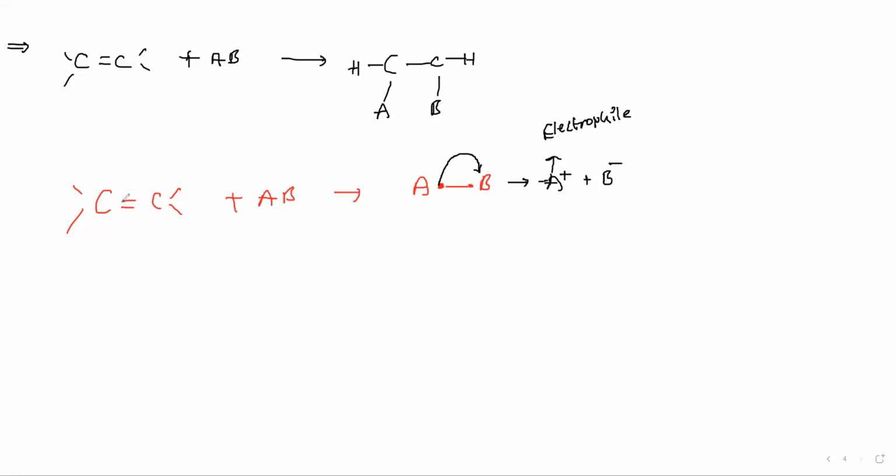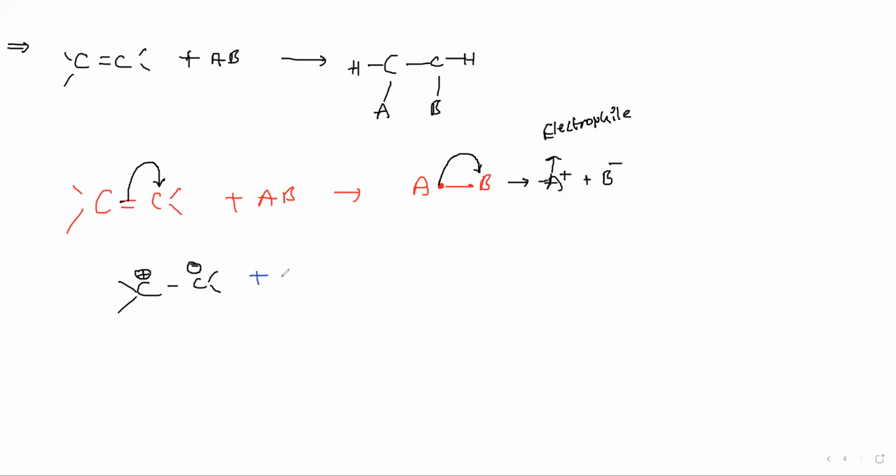In this, the electromeric effect takes place on either side. I am taking this side. Then C single bond C, here minus and here plus. Is it clear, everyone?